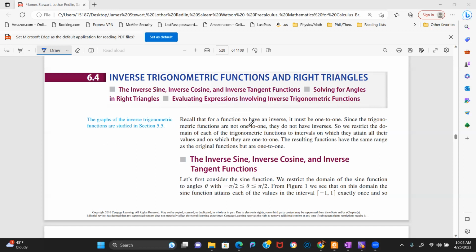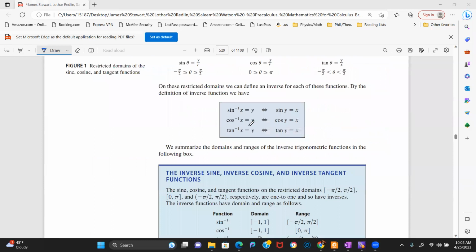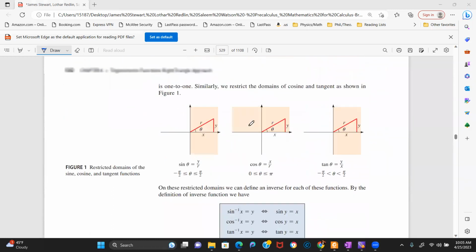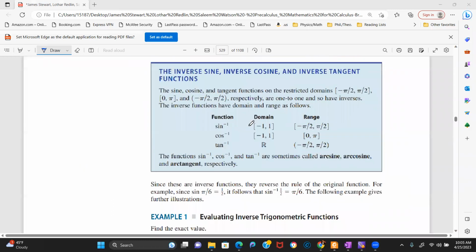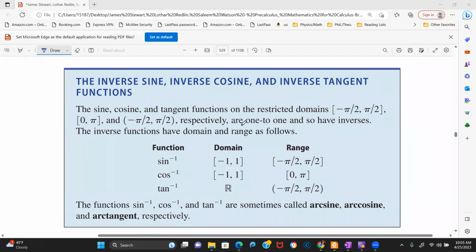So the sine and cosine defined on all the real numbers don't satisfy the horizontal line test. There are lots of lines passing through at infinitely many points. Horizontal, if I didn't say that, that's what I meant. And we're basically going to do the same thing here. I'll just give you this definition right here. I won't go through the whole explanation, because it's basically the same thing.